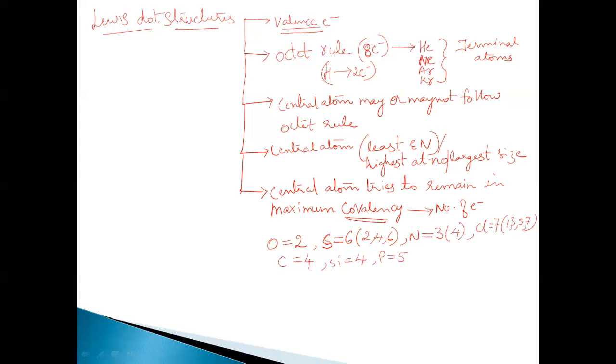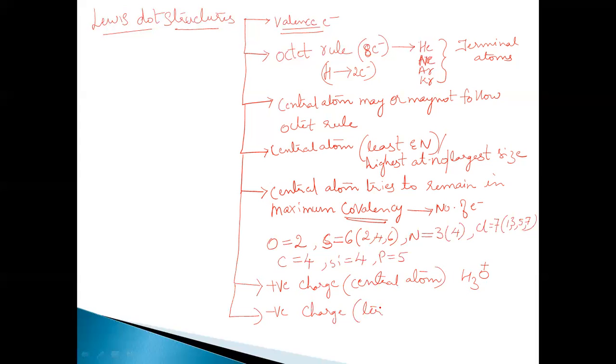Next, if there is a positive charge, then this charge is usually on the central atom. For example, in H3O plus, oxygen is the central atom, and the positive charge is on the oxygen. And if there is a negative charge, it is on the terminal atoms.